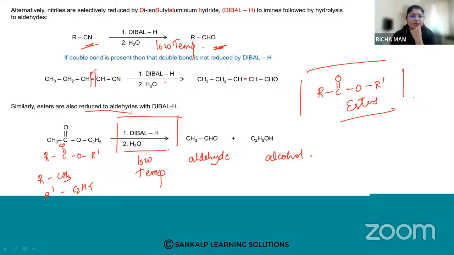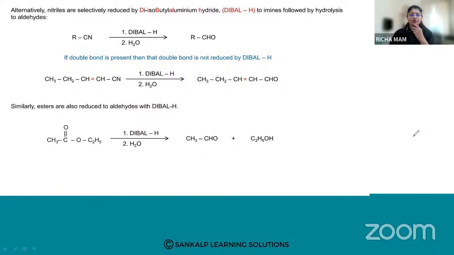If there is a double bond in the alkene group, it won't change. By doing the reduction with DIBAL-H, the double bond will not be disturbed. Only the cyano group changes. So this is the reduction of nitriles and esters.